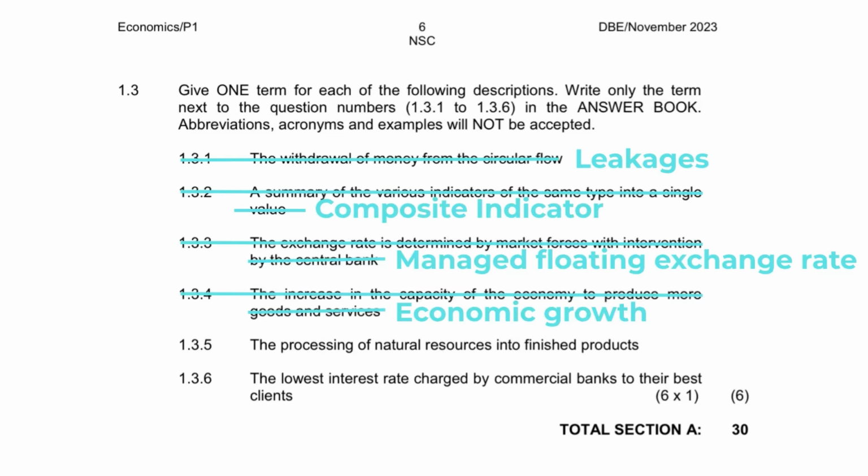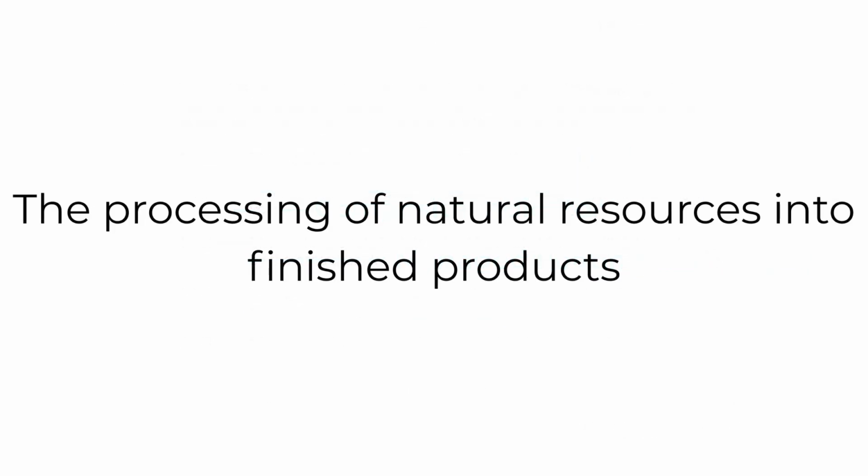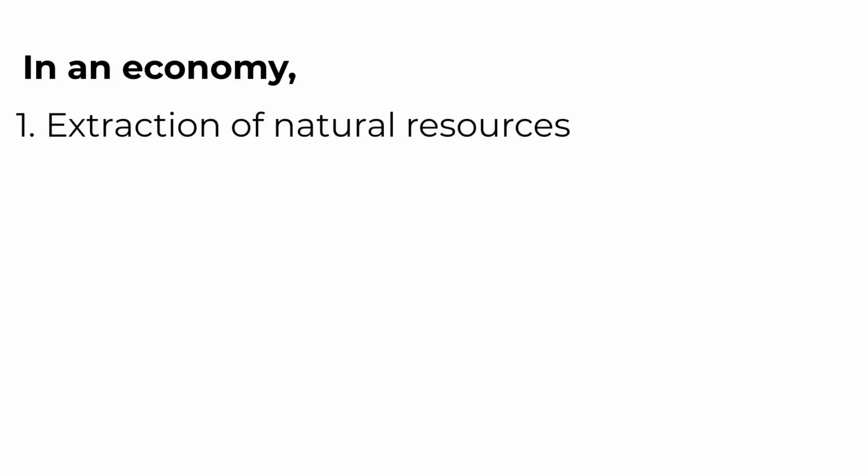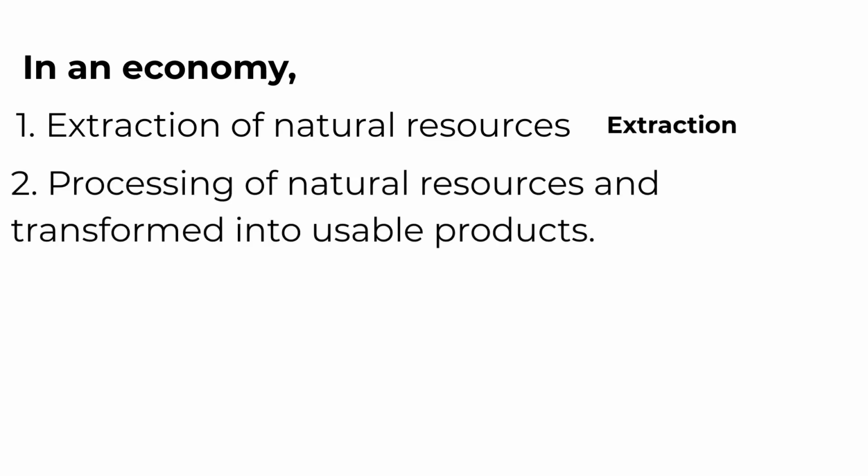1.3.5 states that it's the processing of natural resources into finished products. So remember that in an economy, natural resources follow a certain process. Number 1, the extraction of natural resources, which is commonly known as the extraction process. Secondly, the processing of natural resources, which are transformed into usable products, known as the processing and manufacturing process.